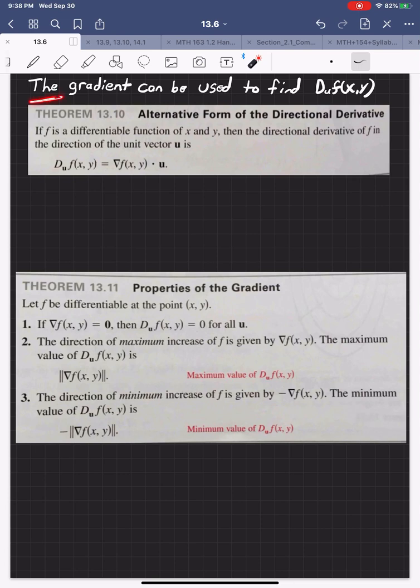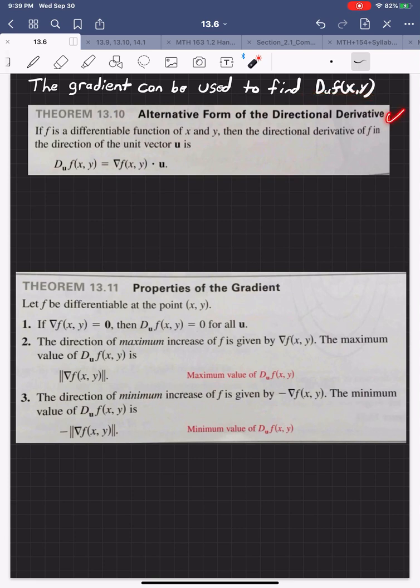One of the interesting properties of the gradient, and I'm going to say this slowly because I want you to be awake enough to hear me: if you have the gradient, in other words, you know the direction of maximum ascent, you can actually use the gradient to find the directional derivative.